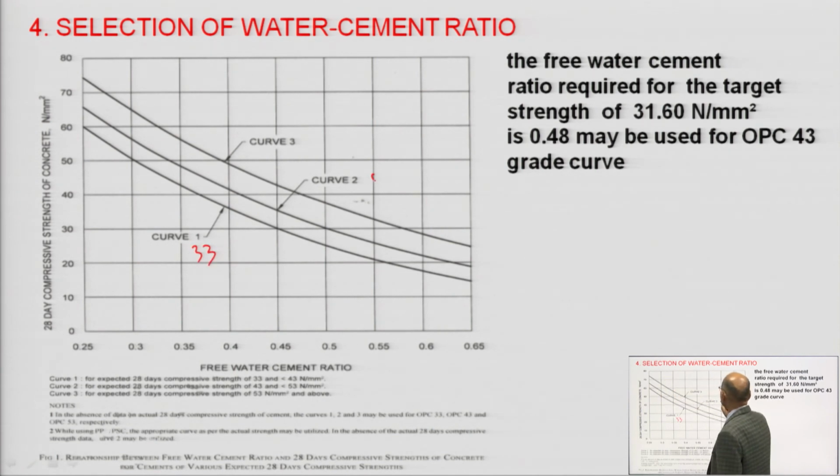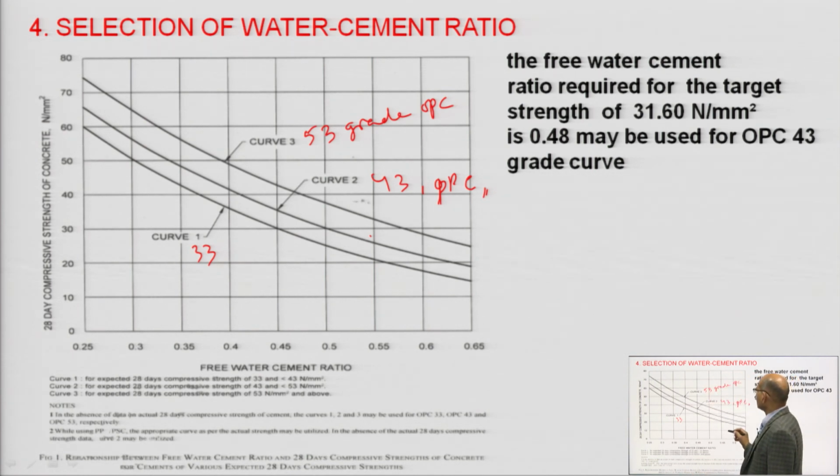For 43 grade OPC, or PPC, Portland Pozzolana cement, or granulated ground blast furnace slag cement, you can use curve number 2, and curve C is for 53 grade OPC. In our problem our grade of cement is 43 grade, so you have to refer to this curve.